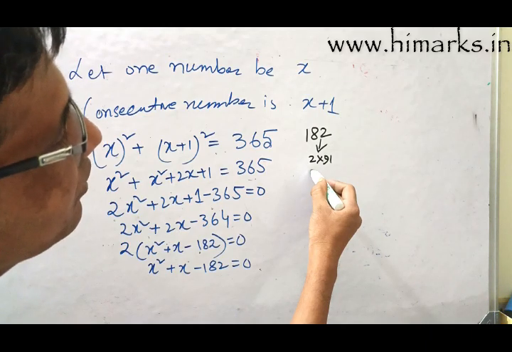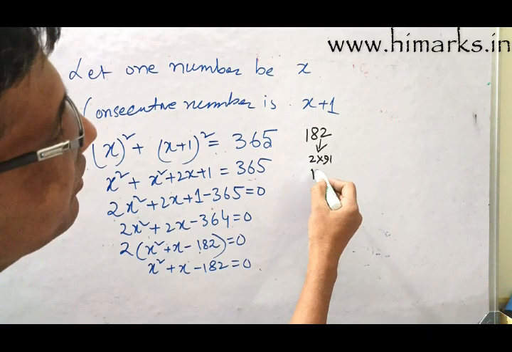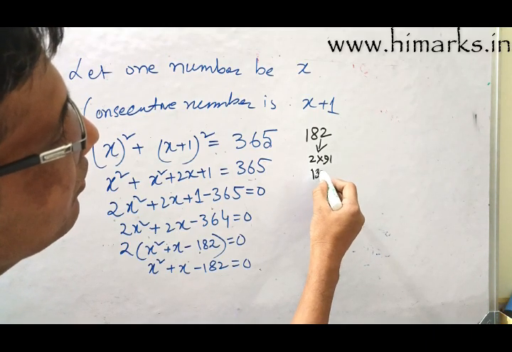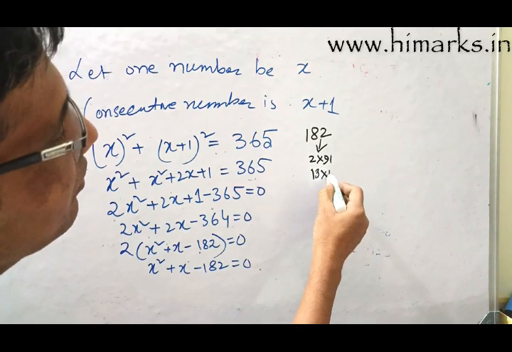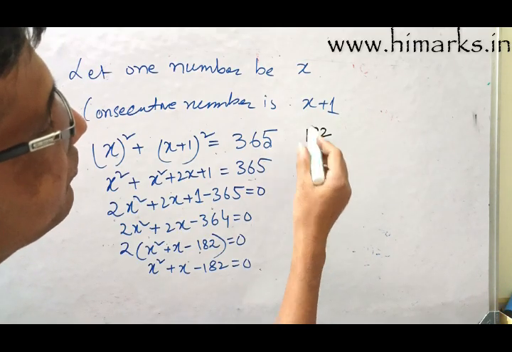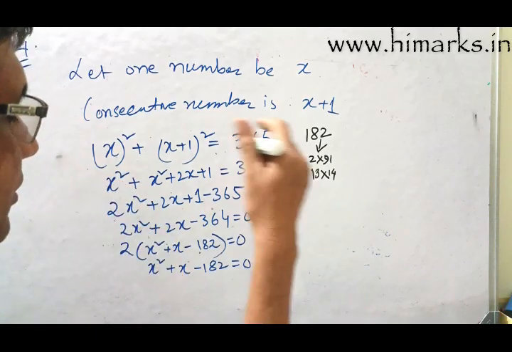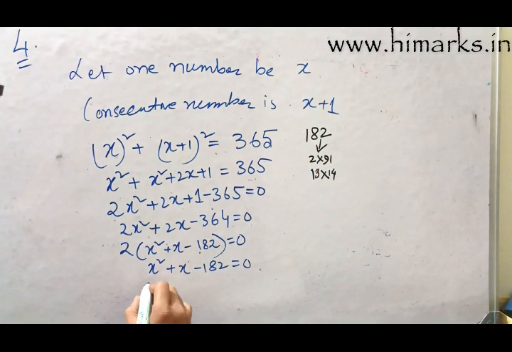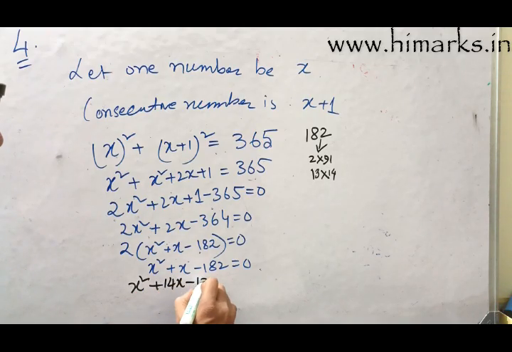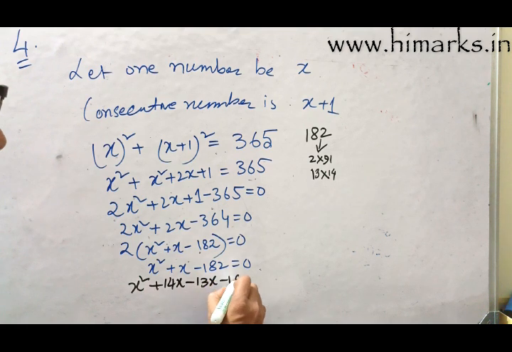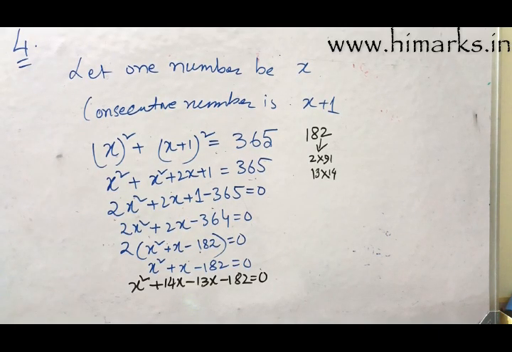Another is 13 into 14. This also gives 182. So this 13 and 14 can give plus 1. How? That is x square plus 14x minus 13x minus 182 equal to 0. Then we will go for the factorization.